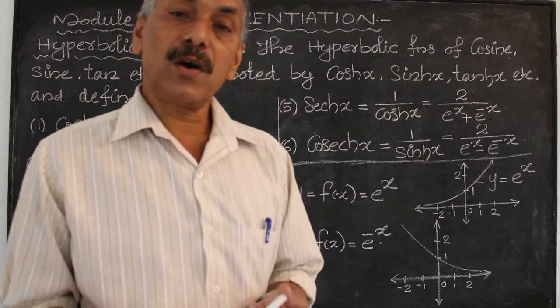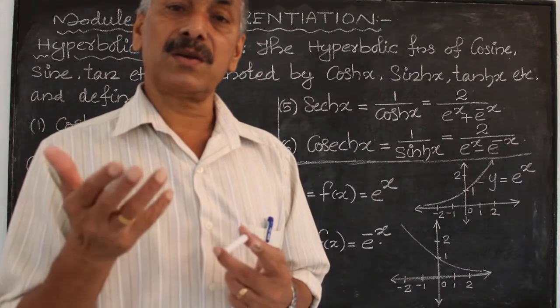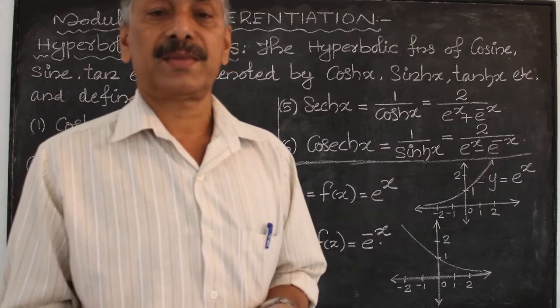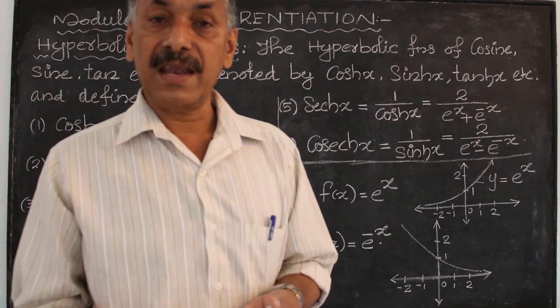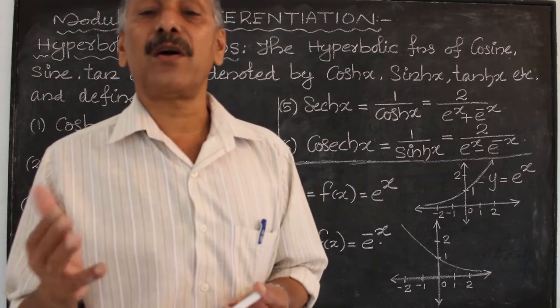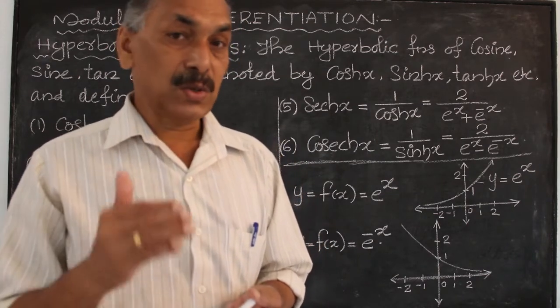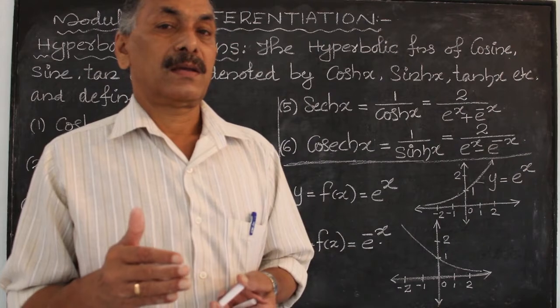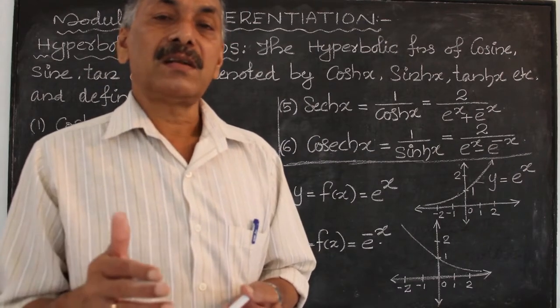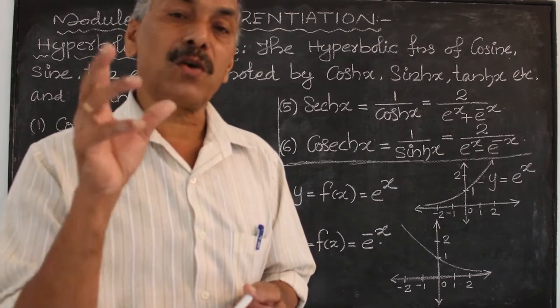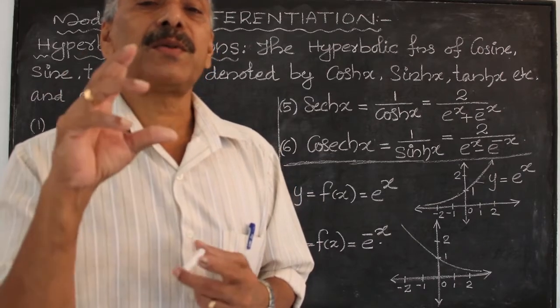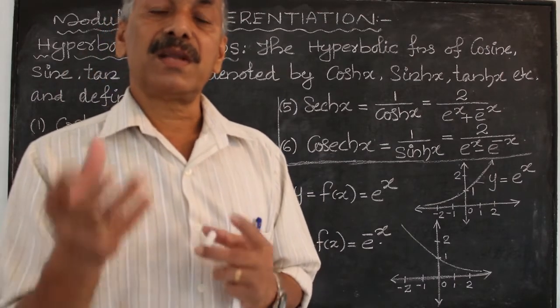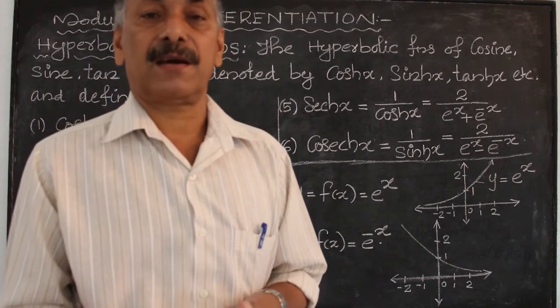As in the case of trigonometric functions, cosine, y is equal to f of x is equal to cos x, then sine function, tan x, and y is equal to cot x, etc. In the same way, we define the hyperbolic function of cosine, as well as the hyperbolic function of sine, similarly the hyperbolic function of tan, etc.